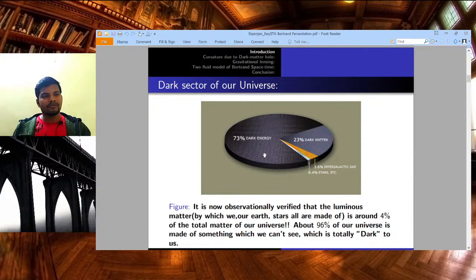Something very far away is going away from us in an accelerating way. This is given by v equal to Hubble constant times the co-moving distance.